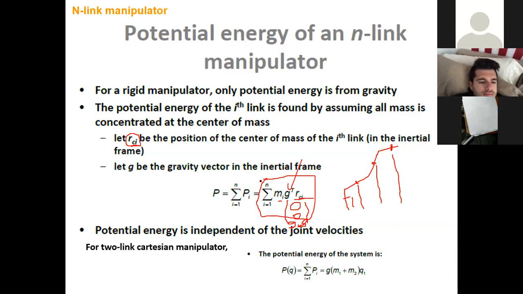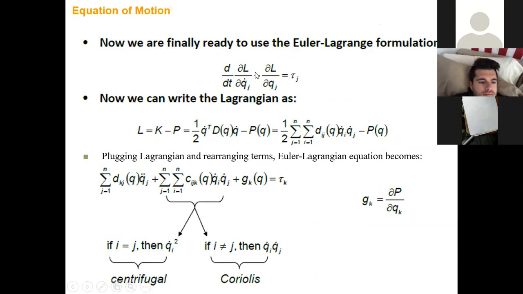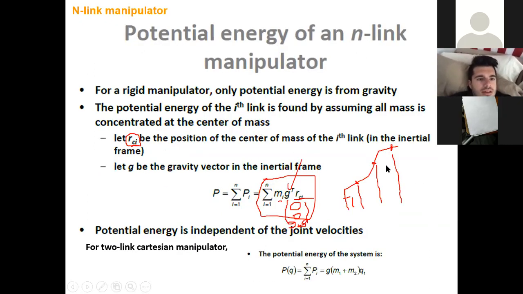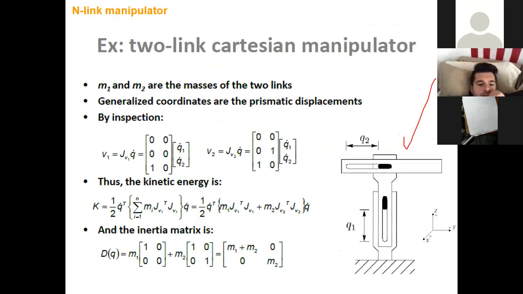Okay, let's talk about our robot now. So in our robot, what is the potential energy of this guy and the potential energy of this guy? What is the potential energy of the first link?